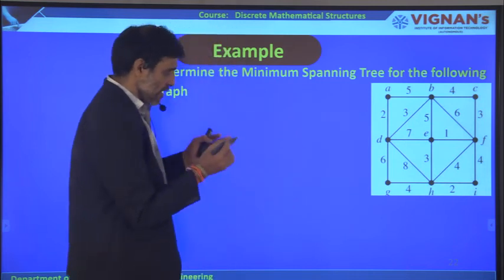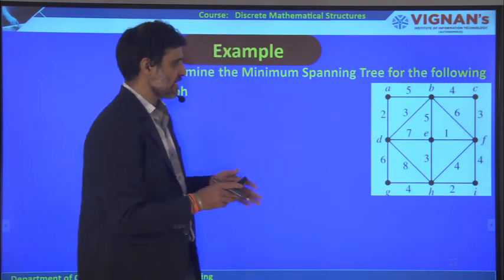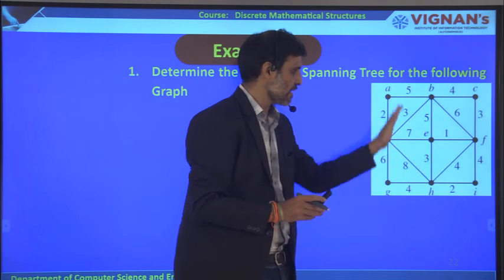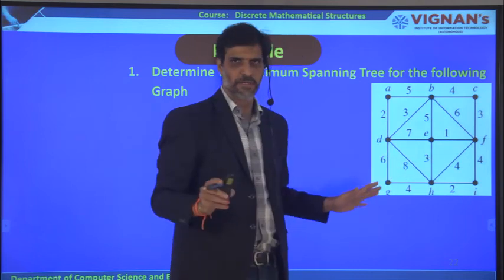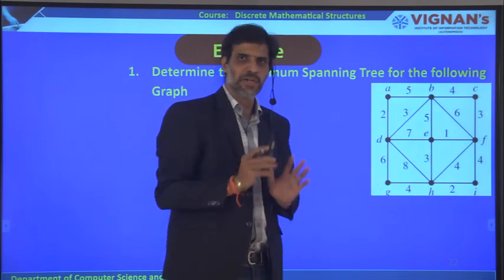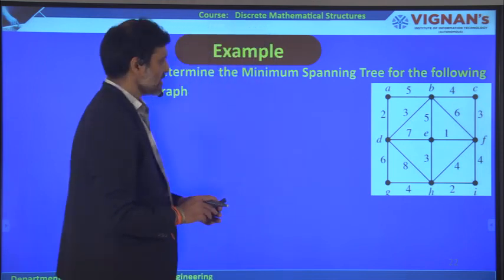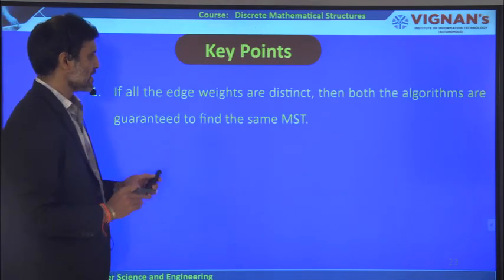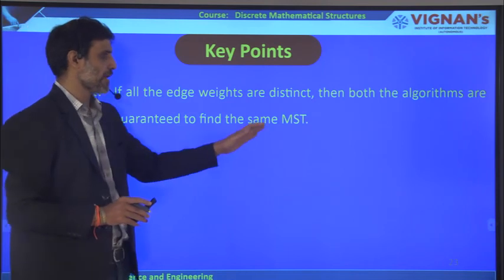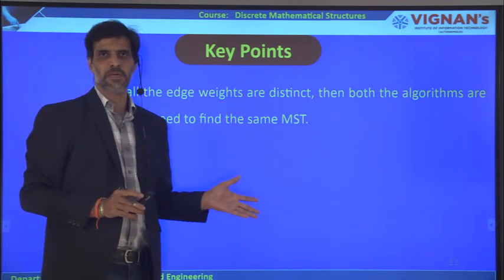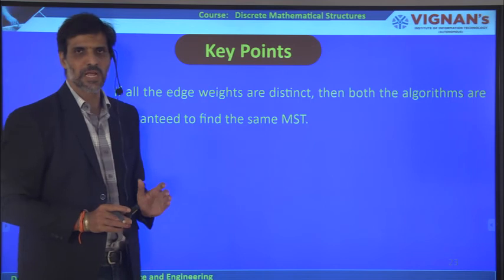If all the edge values in the particular graph are different, then there is a possibility of getting the same minimum spanning trees by using Prim's algorithm as well as Kruskal's algorithm.